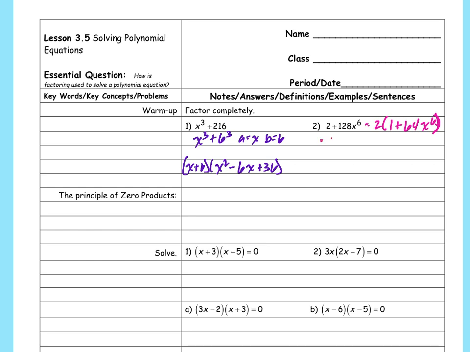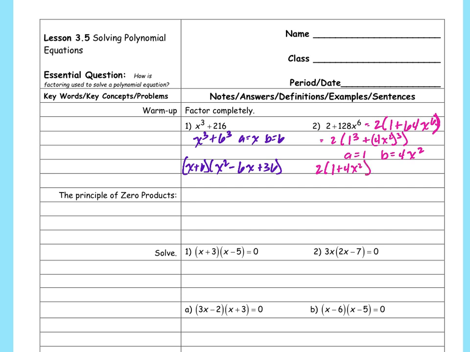And then I can write that as 2 times 1 cubed plus 4x squared cubed. A equals 1, b equals 4x squared. So then I'm going to get 2 times 1 plus 4x squared.